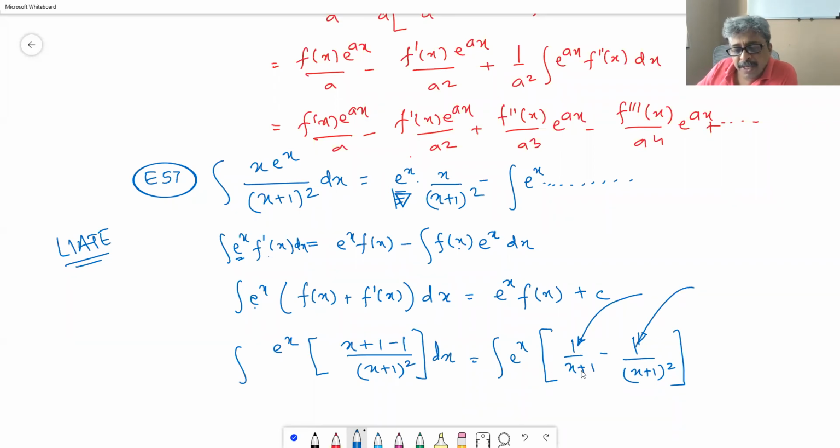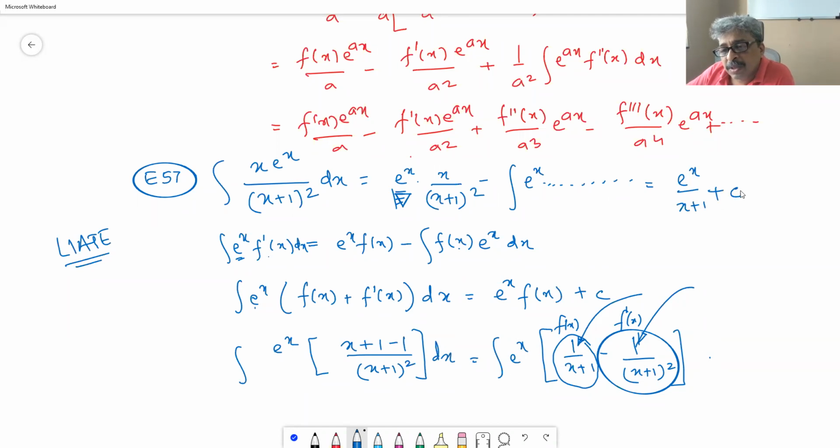So if this is f of x, this is f dash of x, and therefore applying this formula, the answer for the given problem is e raised to x f of x, which is e raised to x upon x plus 1 plus c.